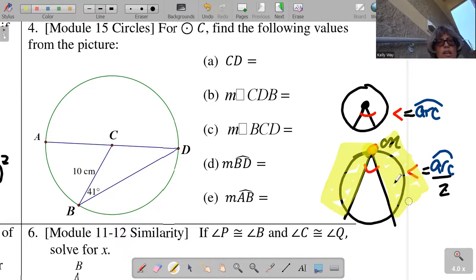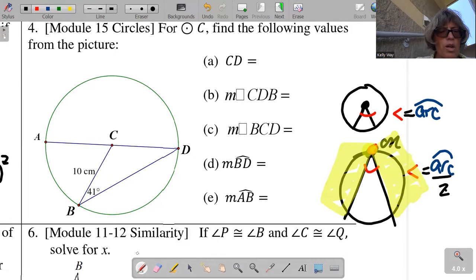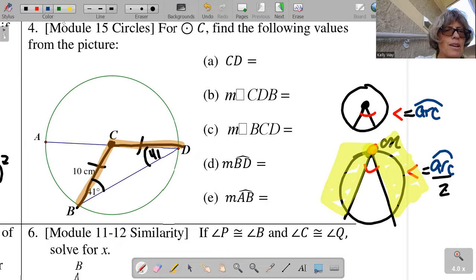So specifically, what you need to watch out for here, all radii are equal, so that forces this to be an isosceles triangle. 2 equal sides, 2 equal angles, and you can get this right there. This is 180 there.